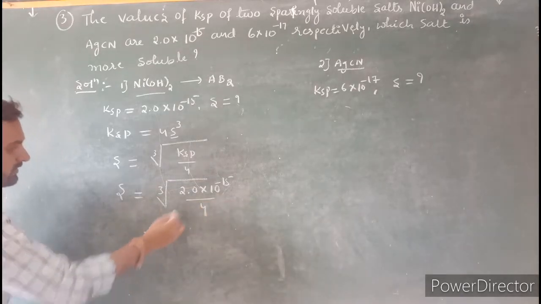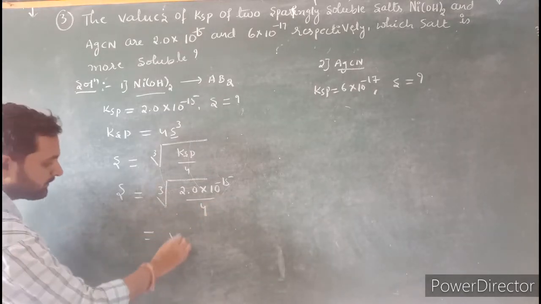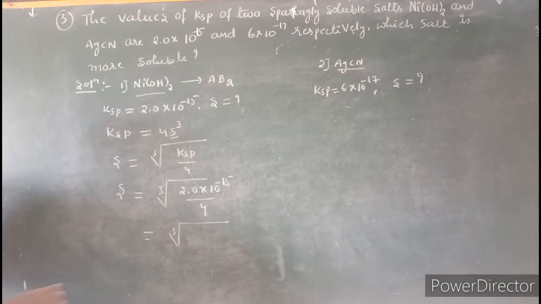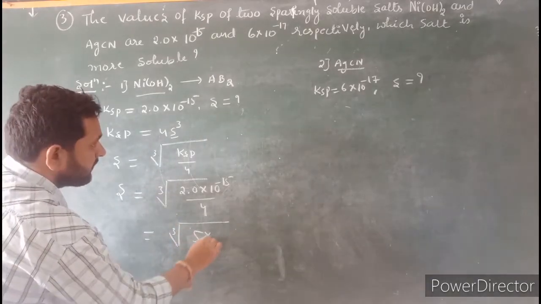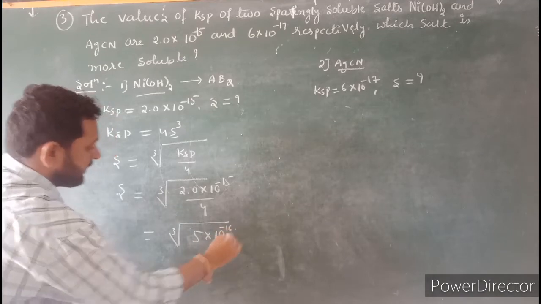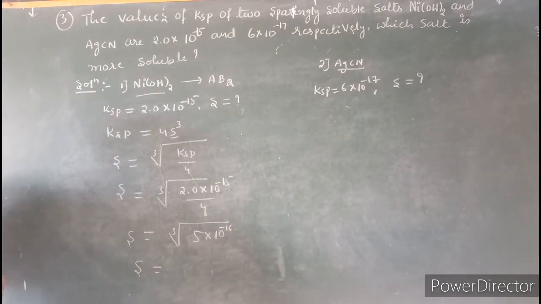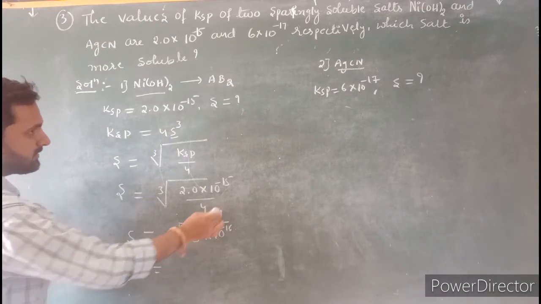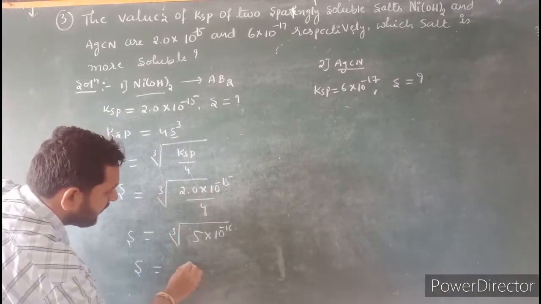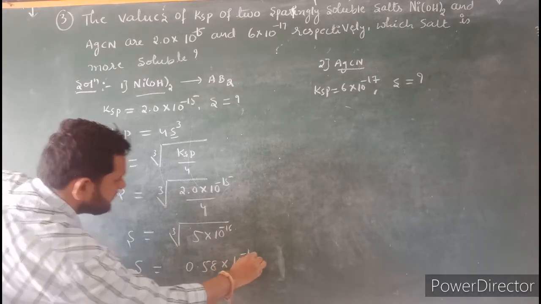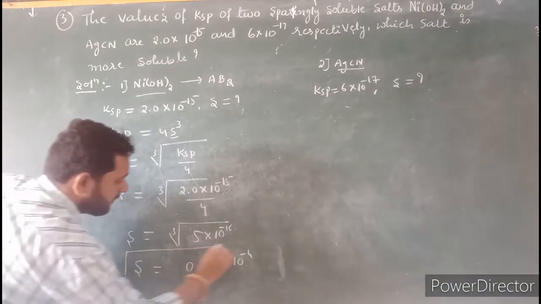Now you just divide these two values. After dividing, we will get 5 into 10 power minus 16. Next, solubility is equal to cube root of 5 into 10 power minus 16, which is 0.58 into 10 power minus 4. This is the solubility of nickel hydroxide.